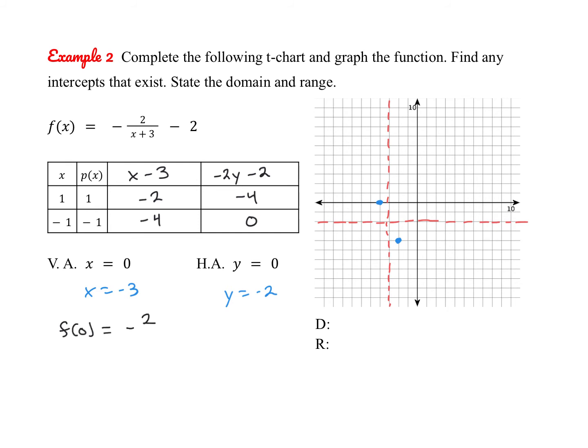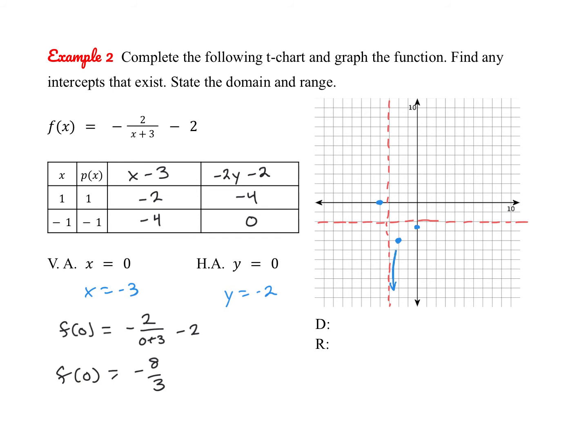So do negative 2 over 0 plus 3, minus 2. This gives us negative 8 thirds, which is just negative 2 and 2 thirds. So we can estimate that here. It's somewhere right around here.